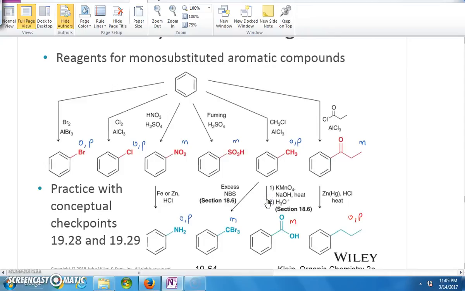Don't forget, this also has some reagents for mono-substituted aromatic compounds.